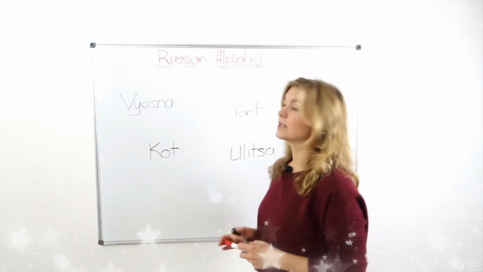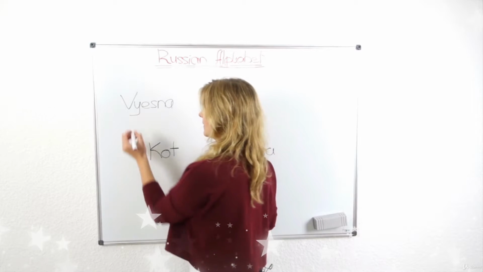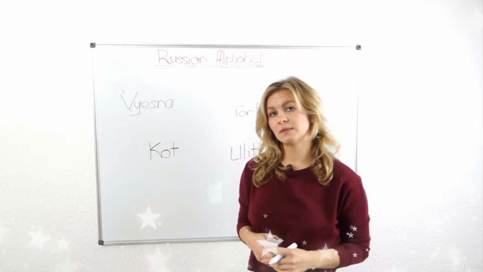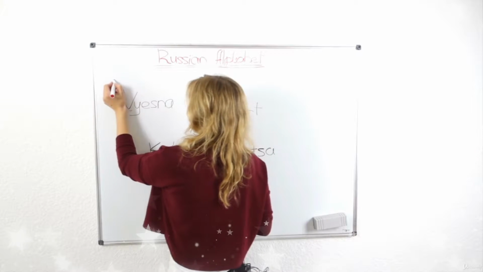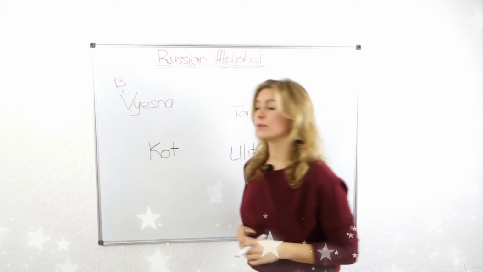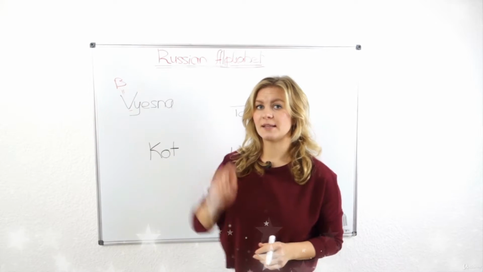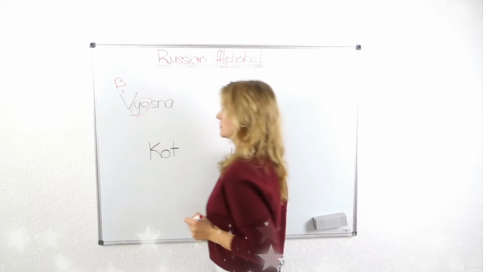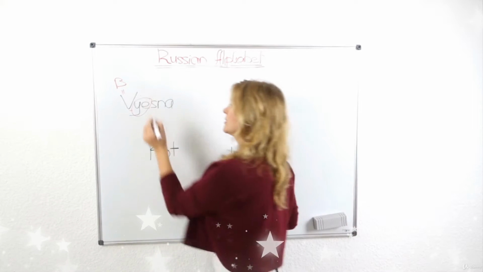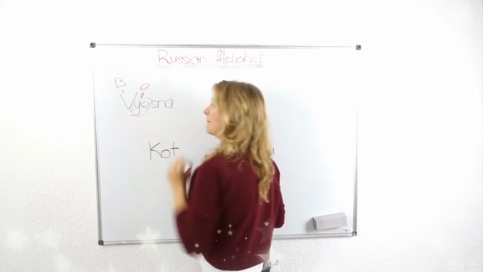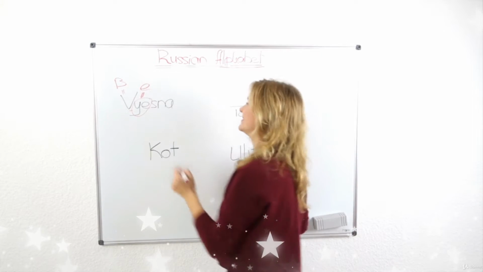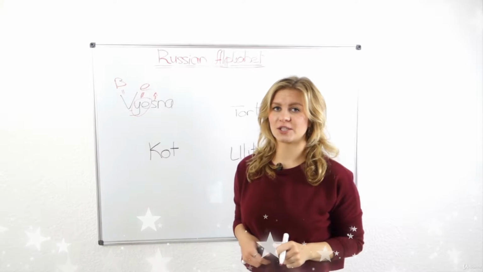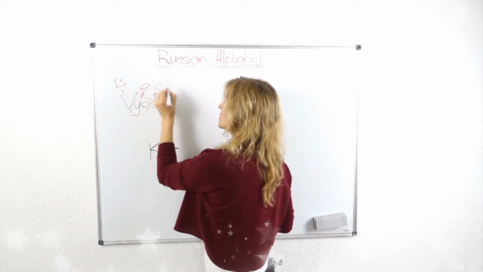Yeah? Let's start. So, V, as you remember, represents Russian V. So, the first letter we already have. It's not B, it's Russian V. These two letters represent Russian E. Yeah, exactly. This letter represents Russian S. Do you remember it was like an example?